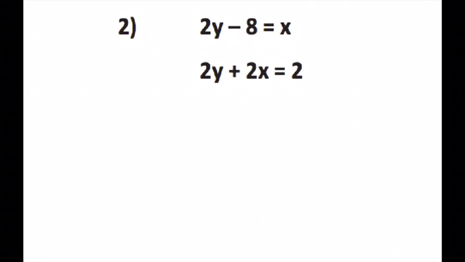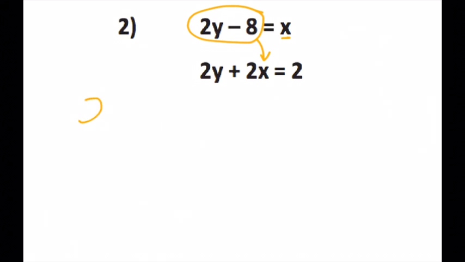Now in number 2, I can see that in the first equation, I have x all by itself right here. So I'm going to circle what x equals. And then I'm going to substitute what x is, which is 2y subtract 8, for this x in the second equation.